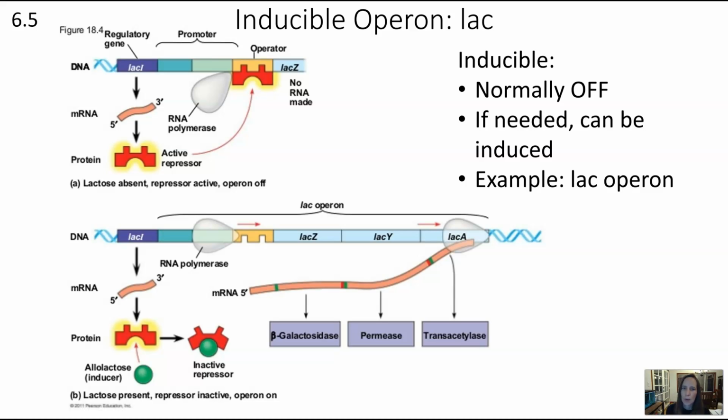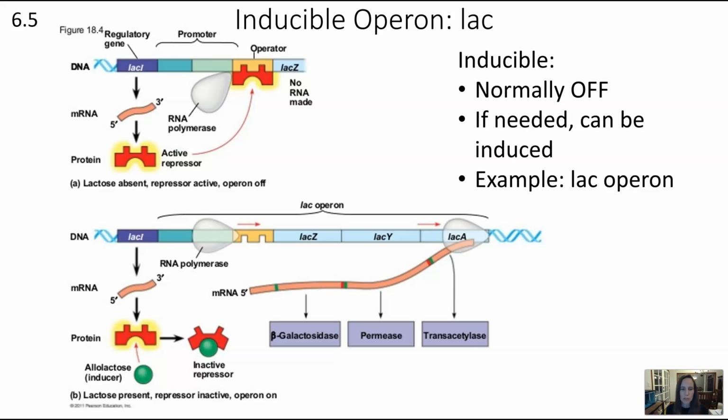A lac operon is also known as an inducible operon, which means that in most cases, it's off. The gene expression is off, so the baseline repressor is active, blocking the transcription. However, if we need it to be turned on, it can be. We need the lac operon to be turned on if we have lactose.